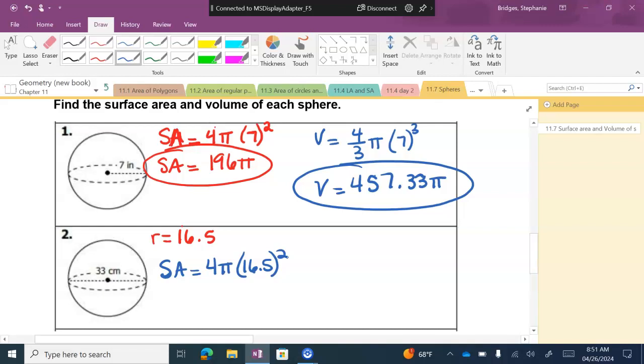Then multiply that by 4. And that's your answer if you put a pi behind it. So in the calculator, 16.5 squared. Then times 4. Put that answer with a pi behind it.